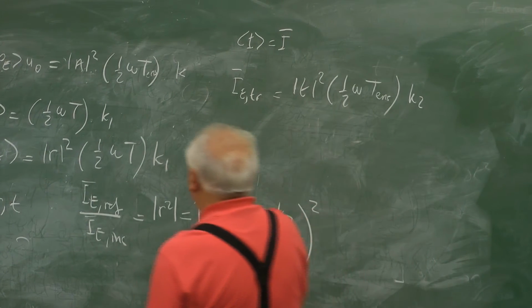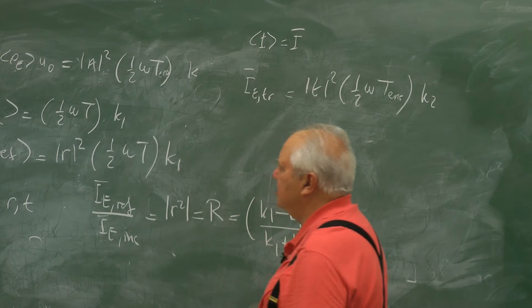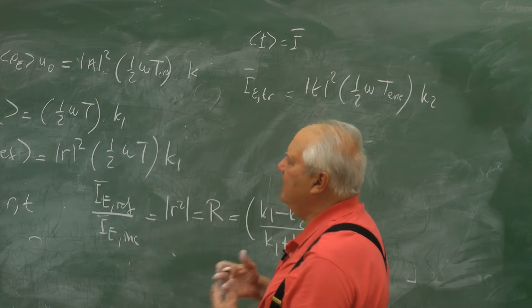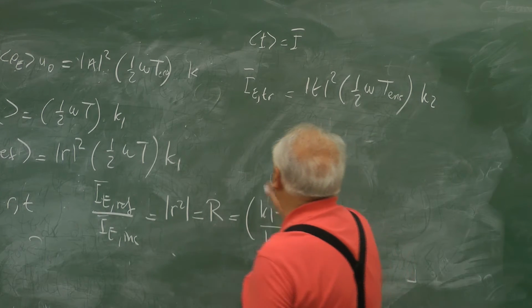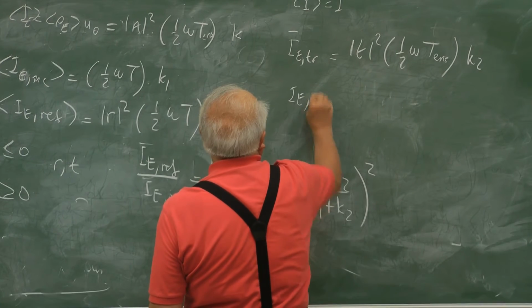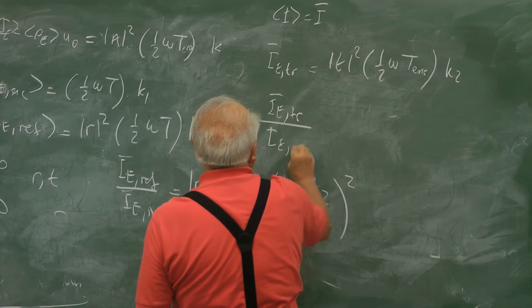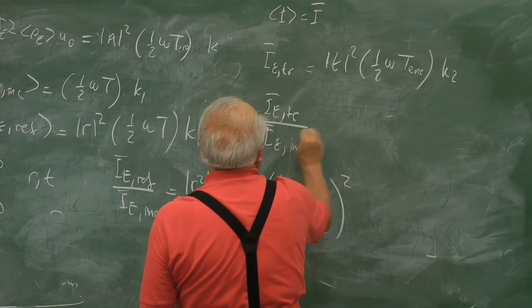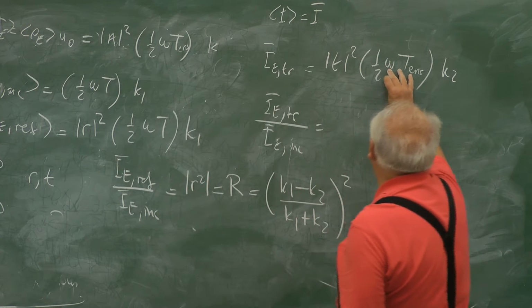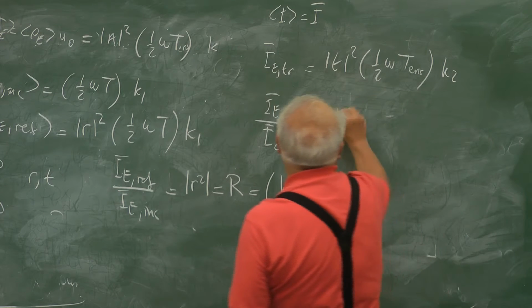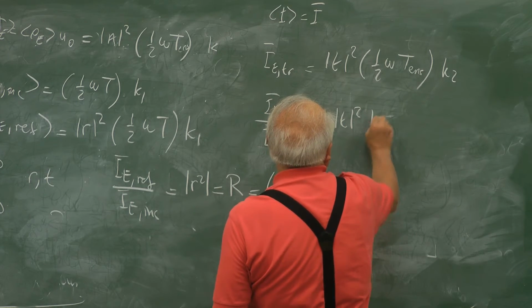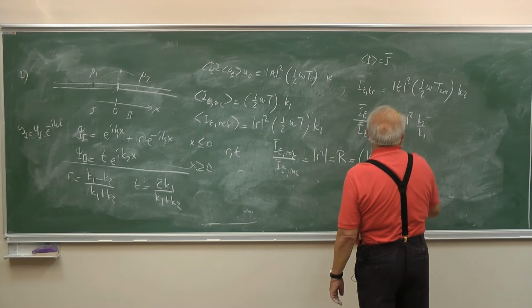Therefore, what's the percentage that is moving forth? How much of the incident energy is moving forth? So it is simply IE transmitted divided by IE incident. So this thing cancels. I have T square, but K2 over K1.